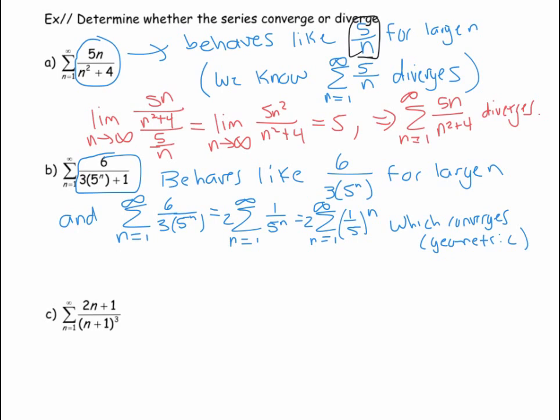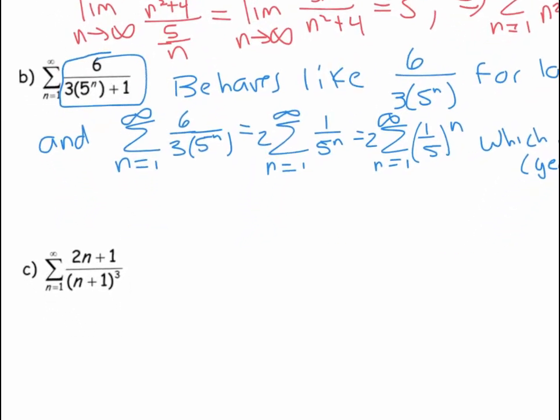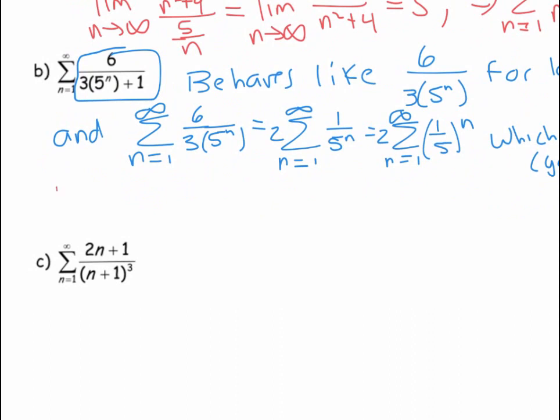And now what we just need to do is use the limit comparison test to show that the ratio of the sequences goes to a non-zero number. So I'm going to take the limits. If we take the limit as n goes to infinity of our original, and divide it by the one we're comparing it to, 6 over 3 times 5 to the n, let's just express that as 2 over 5 to the n.